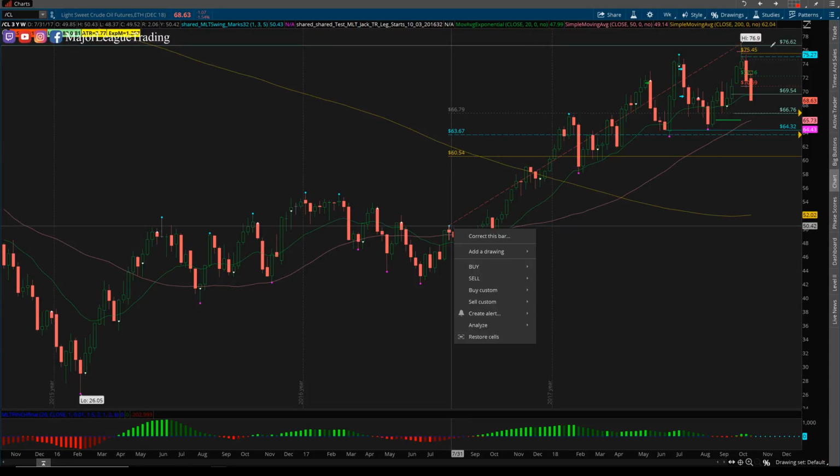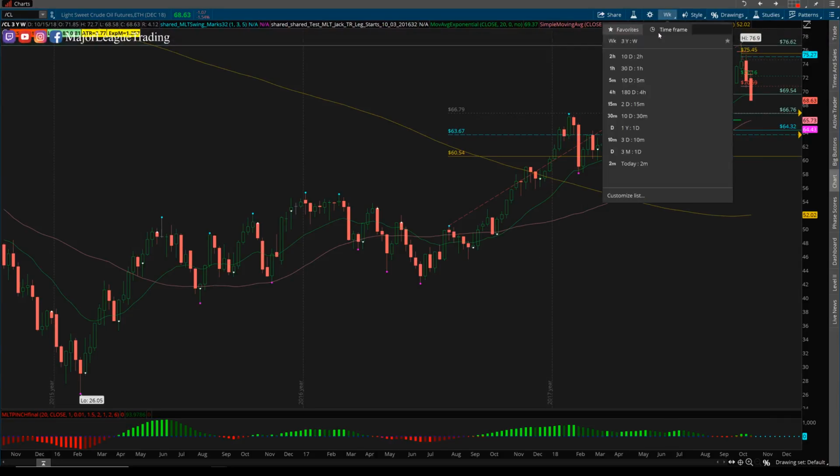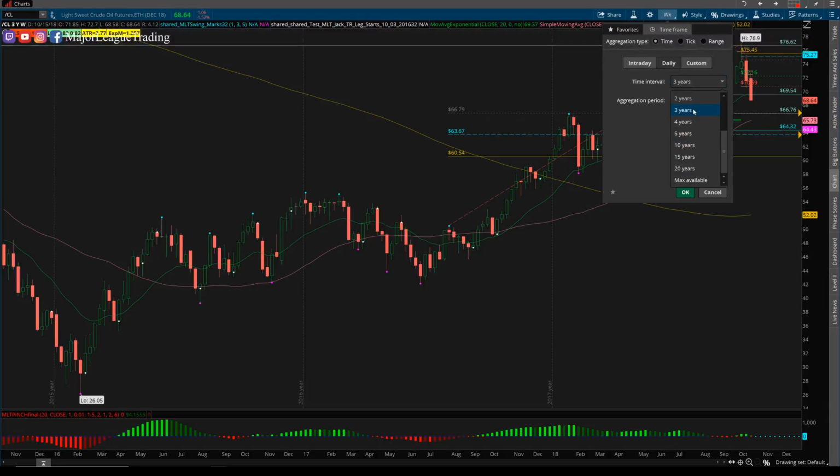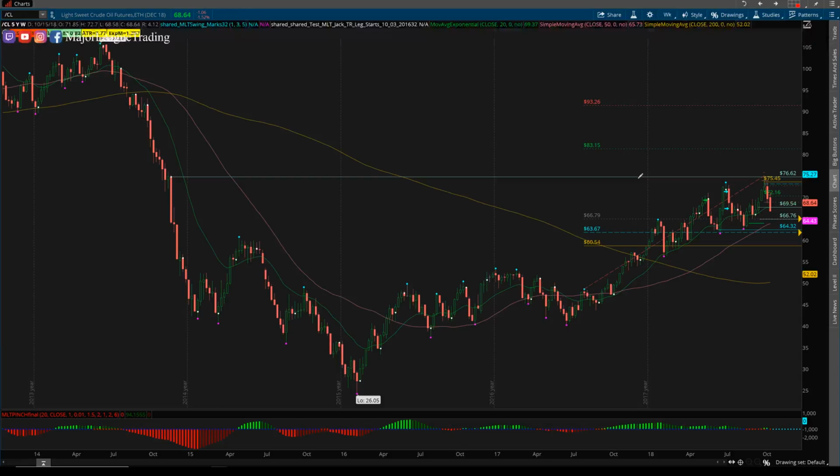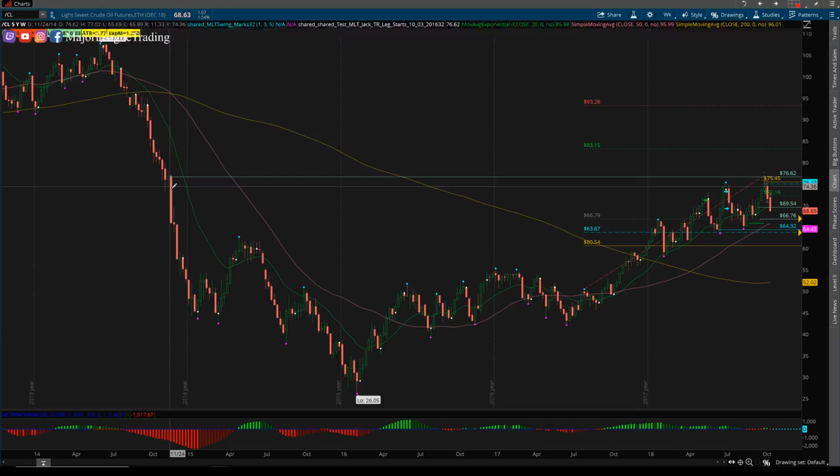Now, this 76.62 level, I mentioned it when it traded. If you go back, I'm going to have to go back literally 5 years to show you this level. This was the beginning of the move down, basically the week of Thanksgiving, 2014, I believe.